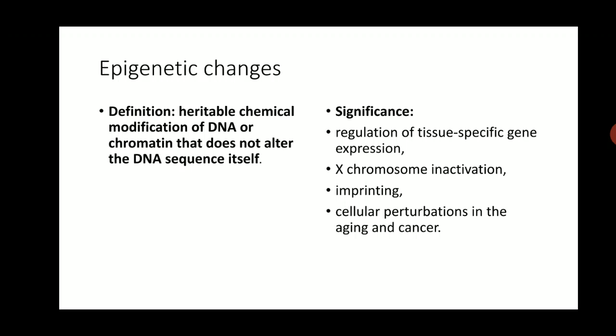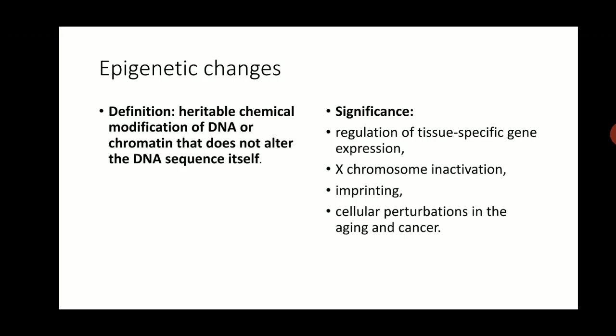Have you ever wondered why two cells have different functions in the body? For example, the beta cells of the pancreas produce insulin, whereas the skin cells cannot, although both the cells have the same sequence of DNA. The explanation behind this lies in the epigenetic changes.